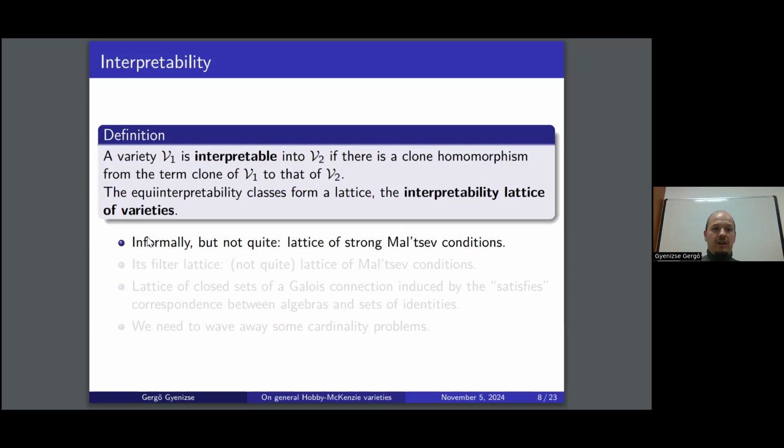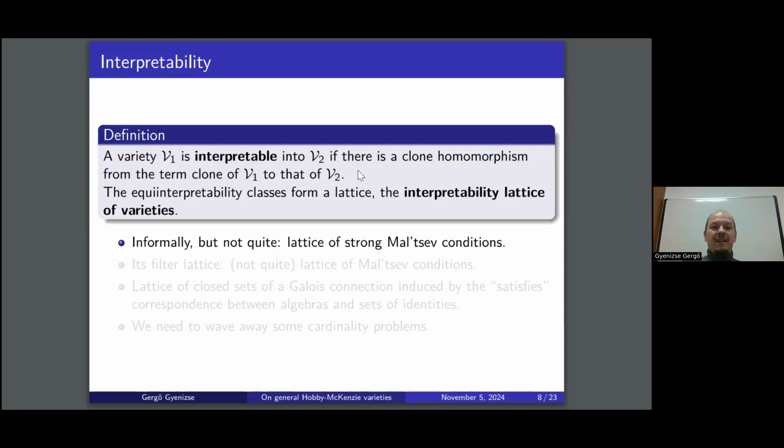So here we have to talk about the interpretability lattice. I think this interpretability lattice was introduced by Taylor in the 70s. We say that a variety V1 is interpretable into a variety V2 if there is a clone homomorphism from the term clone of V1 to the term clone of V2.